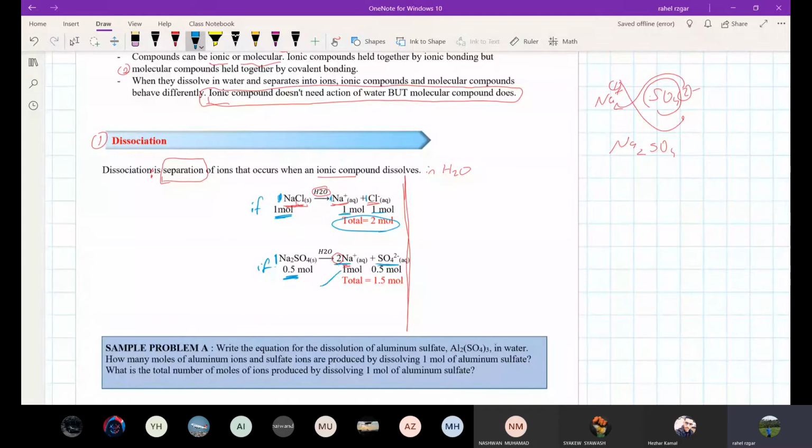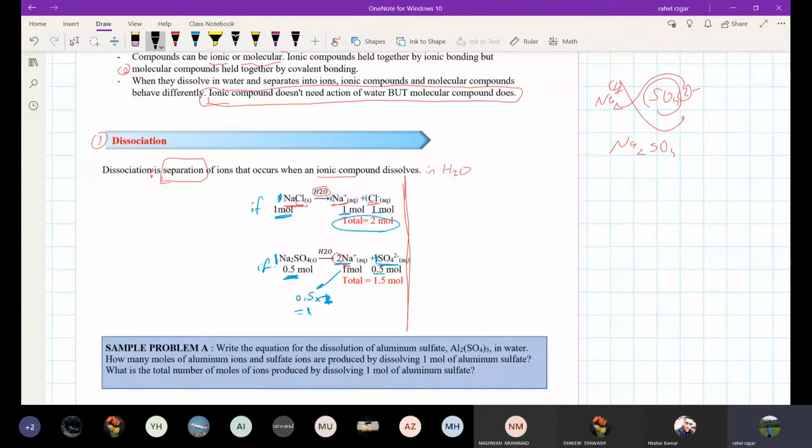Where did this 1 come from? 0.5 times 2, which is equal to 1. But since SO4 is still 1, and this is also 1, these two must have the same mole. That's why both of them are 0.5. The other is 1.